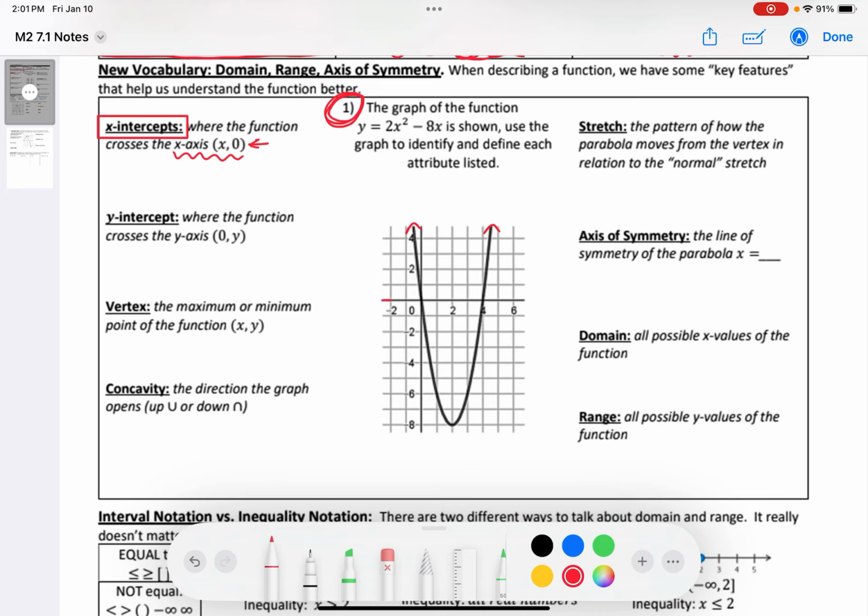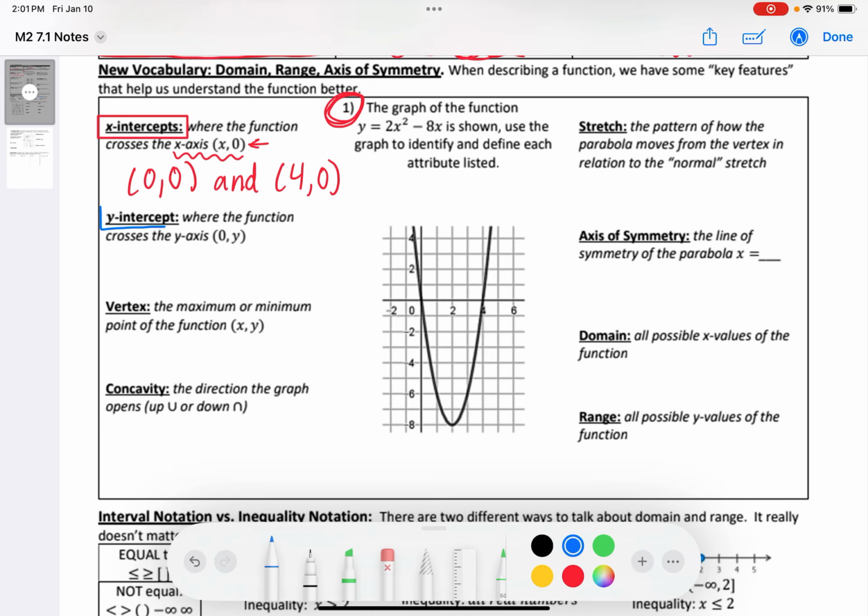My x-axis is this one right here. It looks like it crosses it twice: first at 0, 0, and at 4, 0. So those are my x-intercepts, and it crosses just twice.